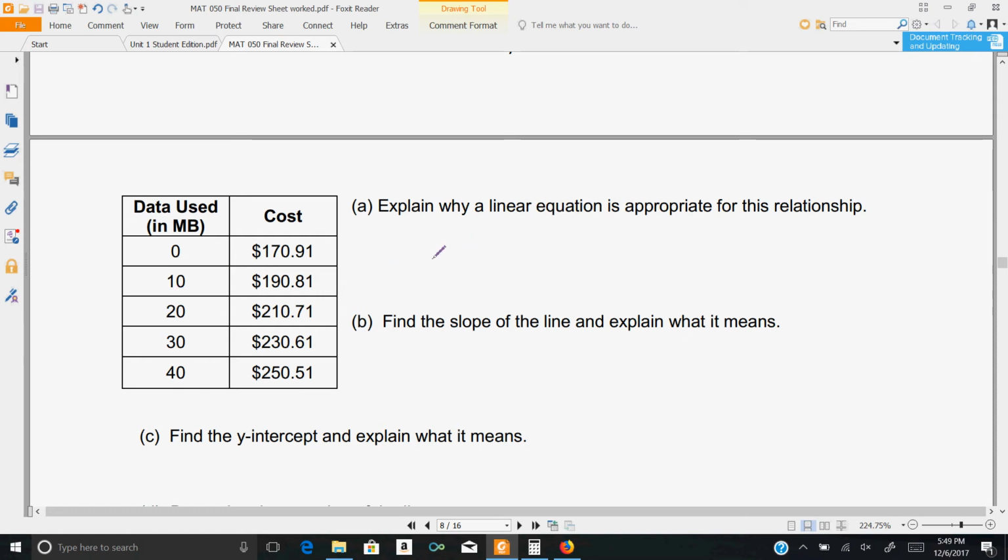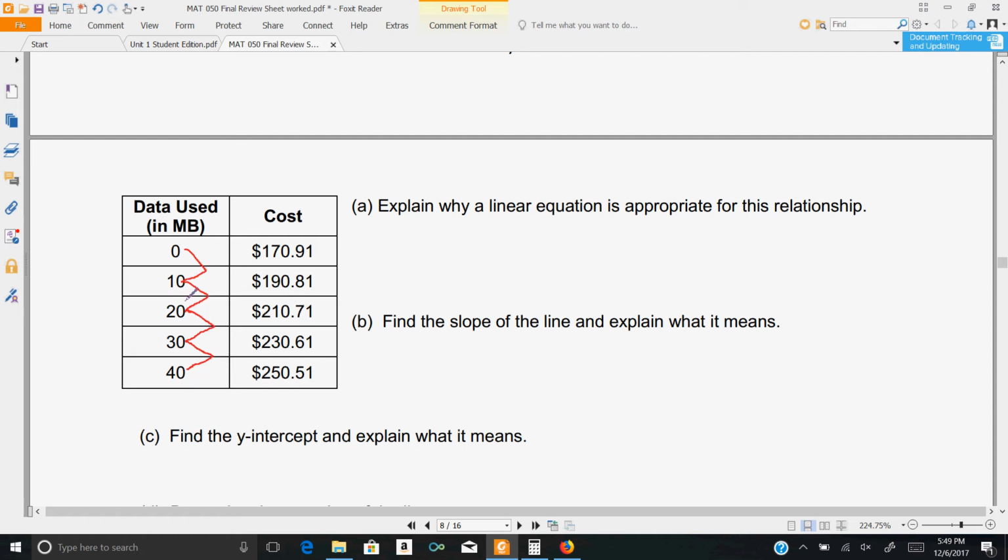First of all, we have to explain why a linear equation is appropriate for this relationship. With a linear equation, when the x value goes up by a given amount, the y value goes up by the same amount. So we look at the table.